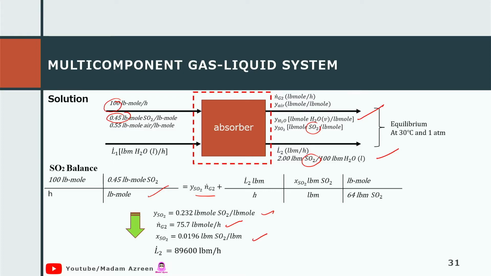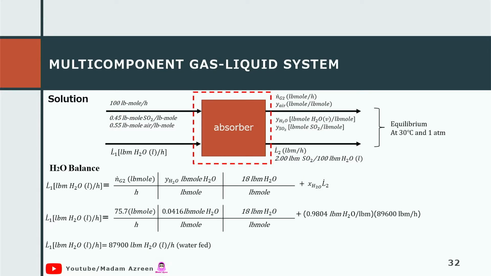Remember, when you have a mass fraction here, you have to divide by the molecular weight so that you get the mole fraction. That's why we divide by the molecular weight, so that everything is in moles. And then we can determine the value of L2 here.